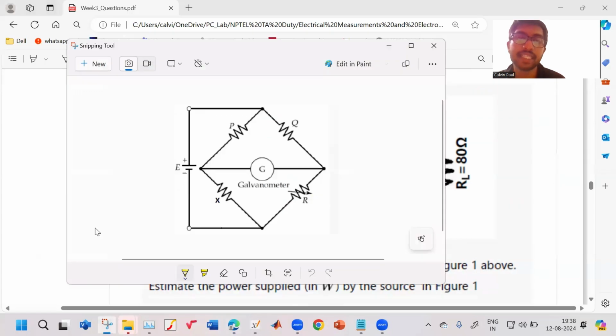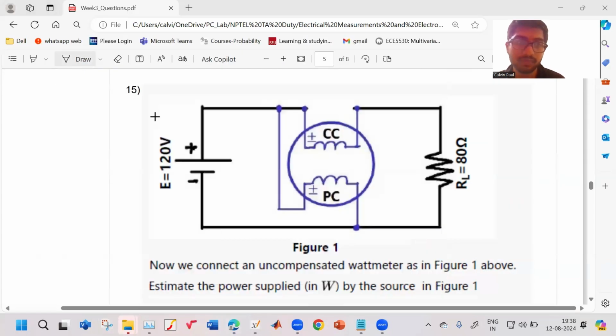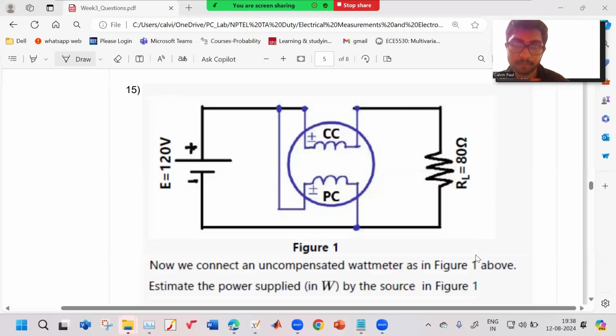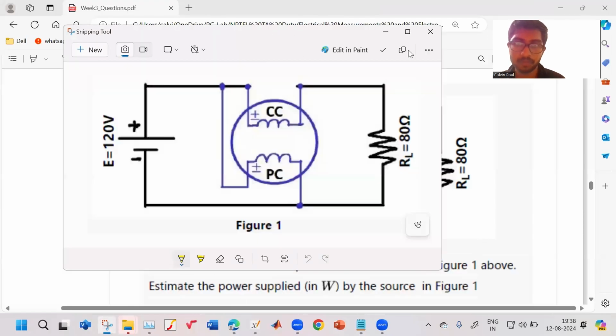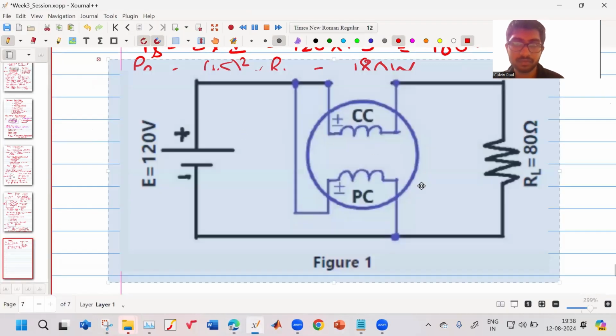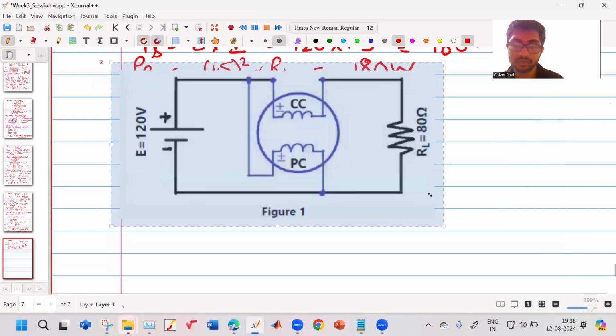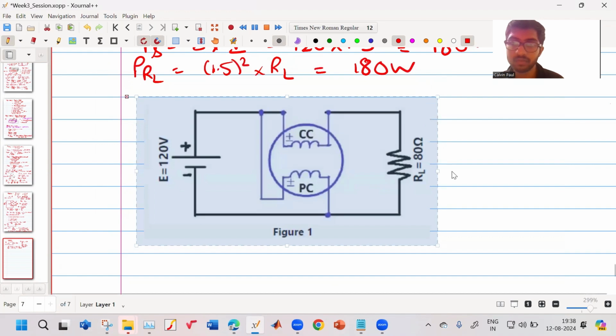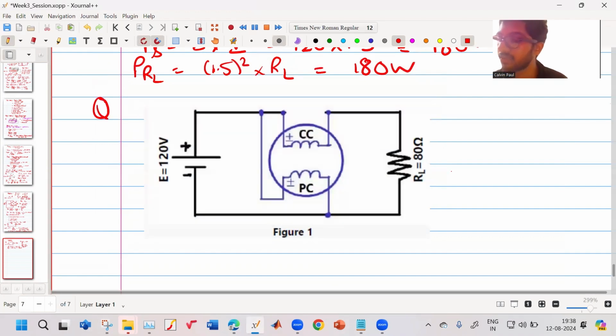So suppose it is connected in this fashion. Suppose it is connected like this.